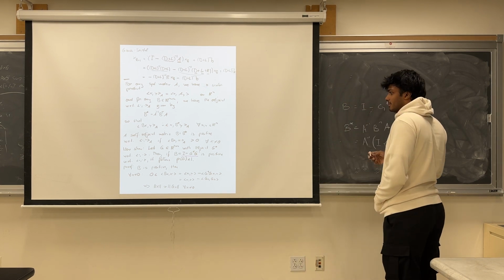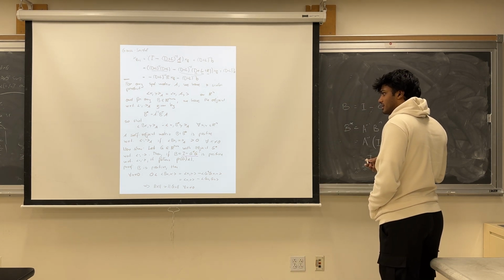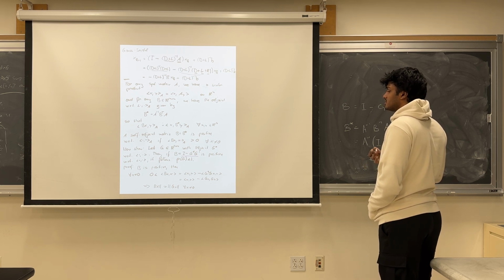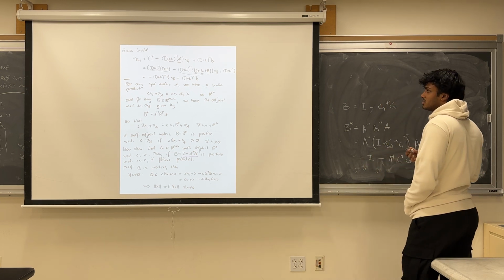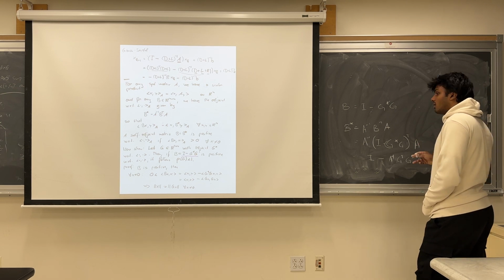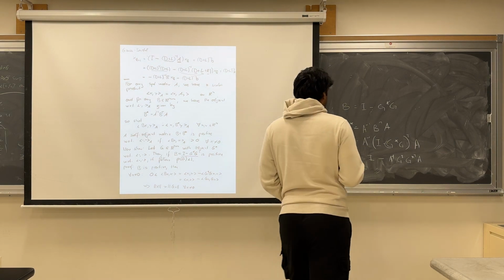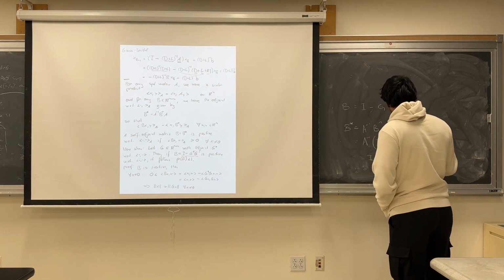B transpose is I minus G transpose B star transpose, where B star transpose is A transpose. Well, oh yeah, A is a symmetric matrix, right? A is a symmetric matrix. Then that's okay. Let me just write G star transpose.